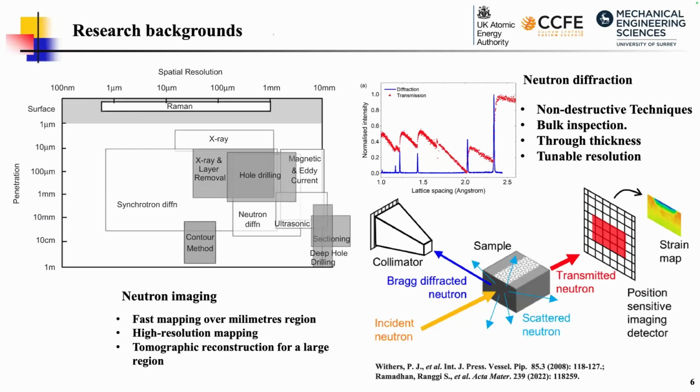In this project, we use neutron diffraction and neutron imaging because neutrons can get into the materials, and we can know how the residual stress is distributed within the materials. And for the imaging, because the detector has relatively high resolution, we can look at more detailed distribution, especially in some narrow heat-affected zones.